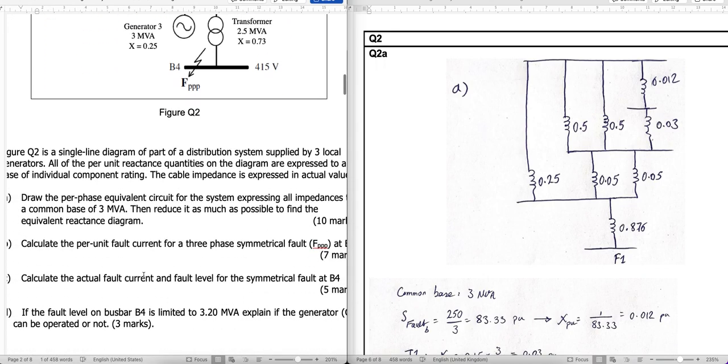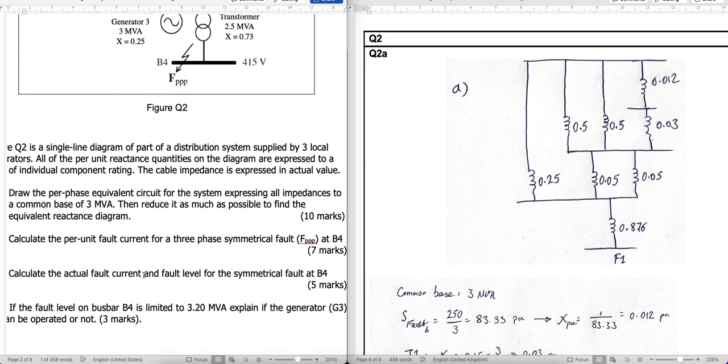The first part is obviously about drawing the impedance diagram, or sometimes reactance diagram, and expressing all impedances to a common base of 3 MVA in this case. 3 MVA is our common base power. In this part, we are also asked to reduce it as much as possible to a single impedance.